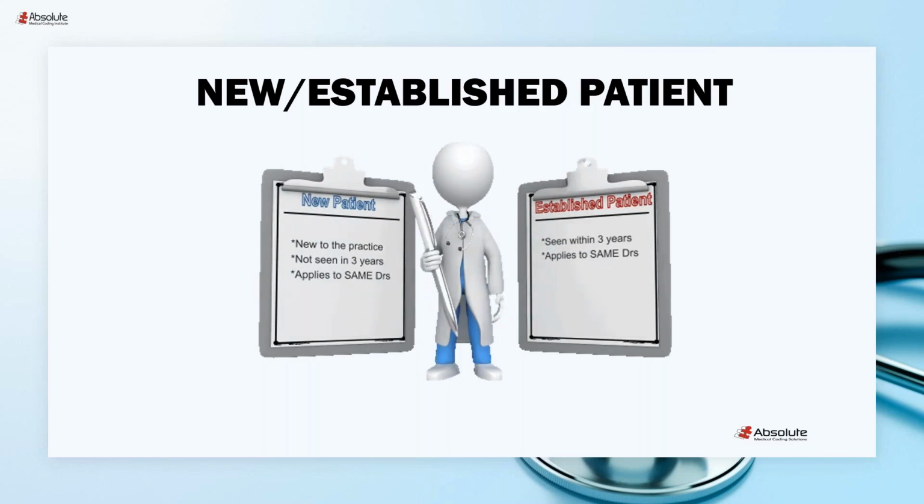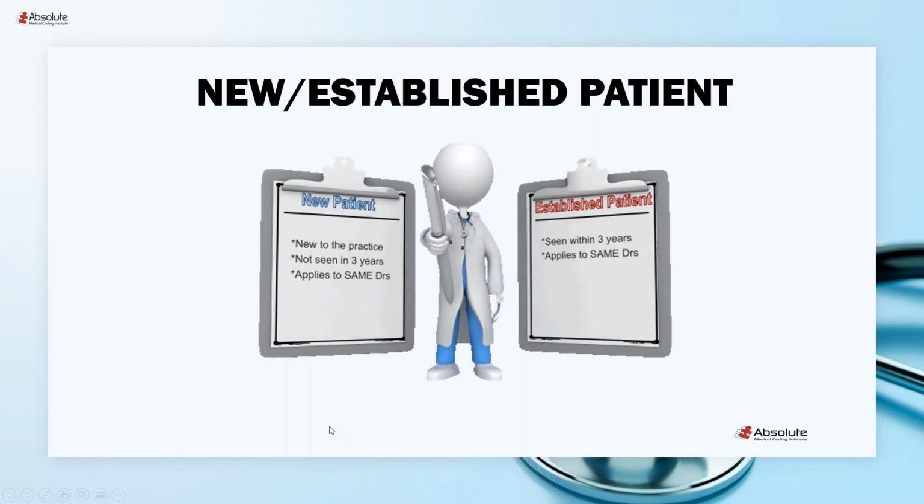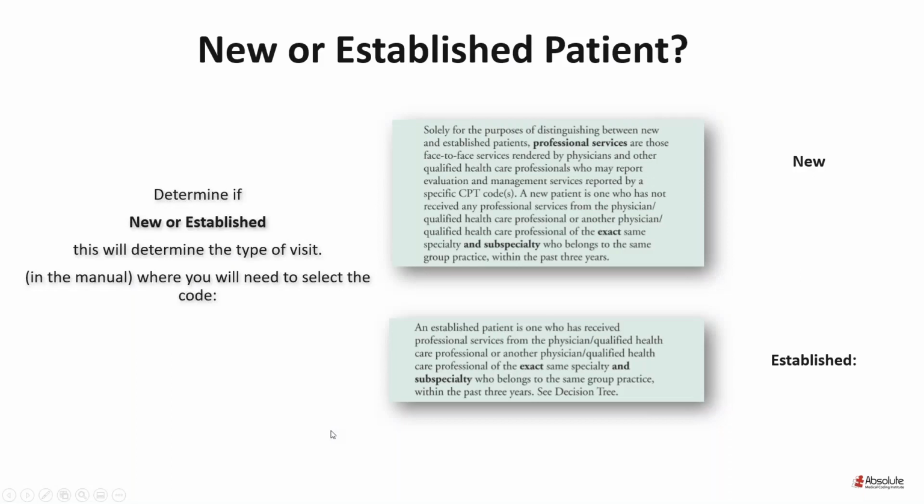Is this patient new to the practice, or is this an established patient? So how do we determine whether the patient is new or established? Well, the guidelines, of course. In your CPT manual, under the guidelines for office and other outpatient visits, you'll find the guidance.